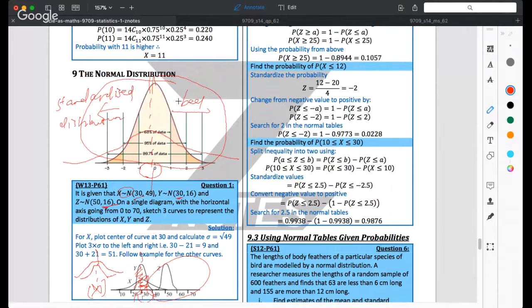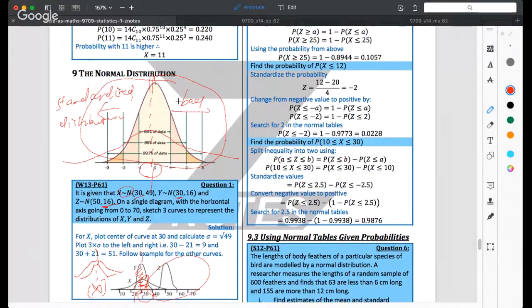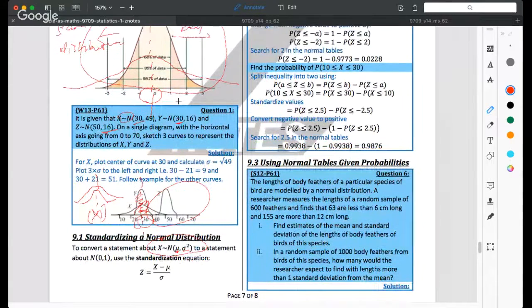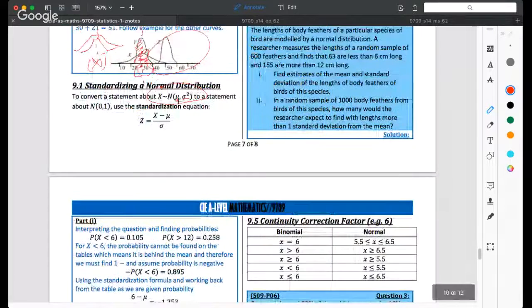In the same way, every normal distribution can be transformed back to a standardized normal distribution, with the standardization equation.